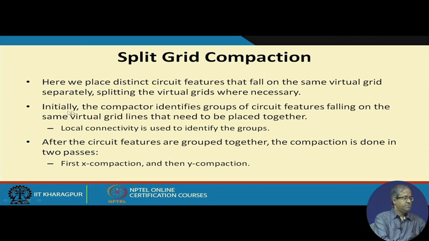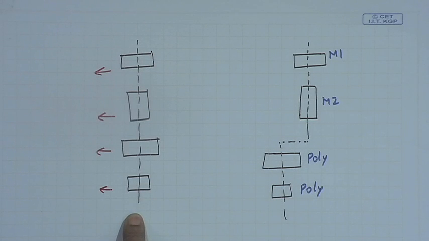So, initially it works like the virtual grid compression. The compactor will identify groups of circuit features that will be falling on the same virtual grid lines, and local connectivity issues are then identified. Like here in this example, for this virtual grid there were 4 components.